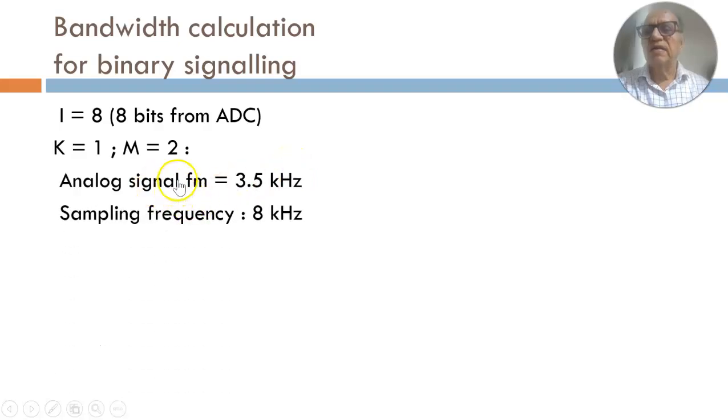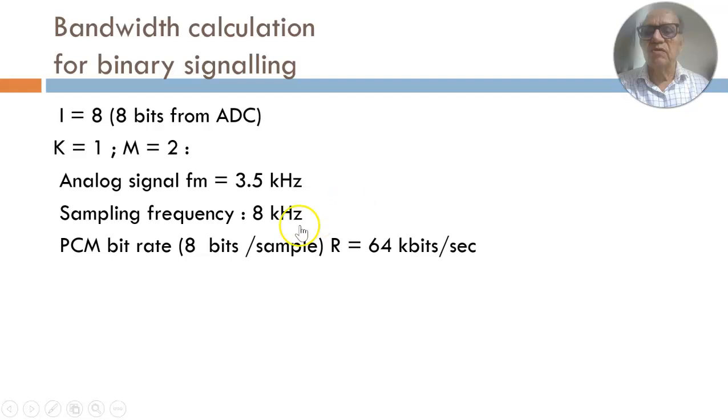Now to calculate the required bandwidth, we need to calculate the bit rate. So how do we calculate? Let's assume that our analog signal is a speech frequency signal. Its maximum frequency is 3.5 kilohertz and the sampling frequency has to be at least 2 times this. So it has to be greater than 7 and let's say 8 kilohertz, which is a typical sampling frequency used.